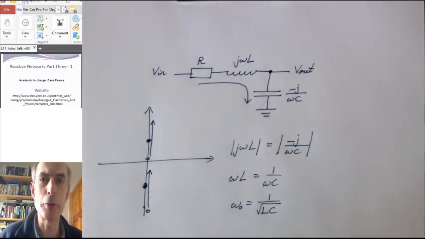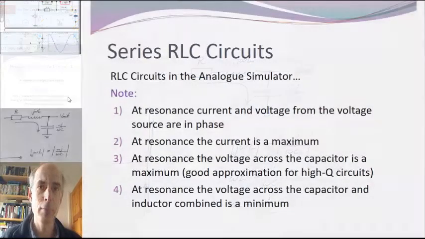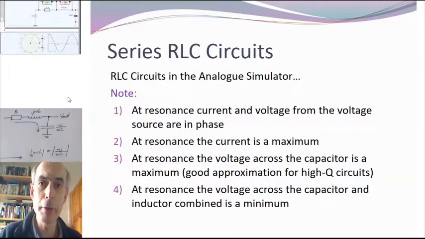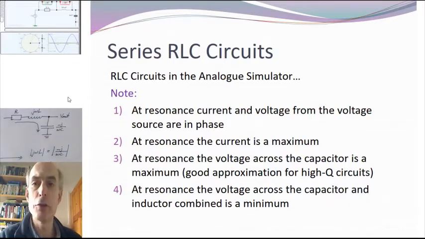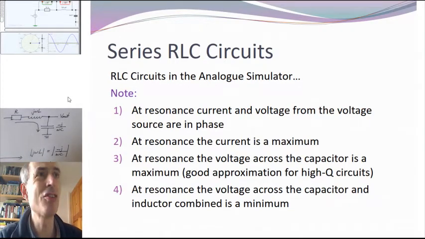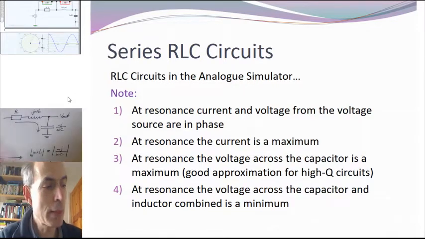There are several properties, therefore, of a circuit when it's at this resonant frequency. And each of these can be used in the lab to determine whether you are at the resonant frequency. First one I've got in the slide here is that the resonant current and voltage are going to be in phase.